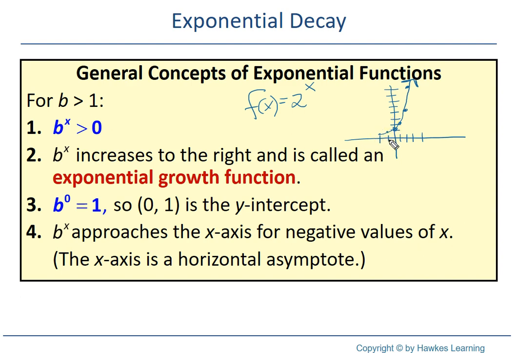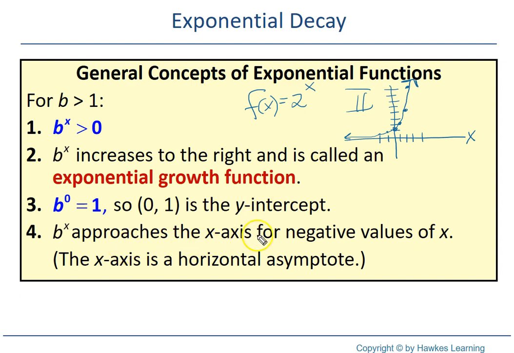If x is -1, it's 1/2. If x is -2, it's 1/4. And I can't draw this very well. But this line, as it goes on the left side of quadrant 2, you may recall, gets closer and closer to the x-axis, but it never reaches the x-axis.